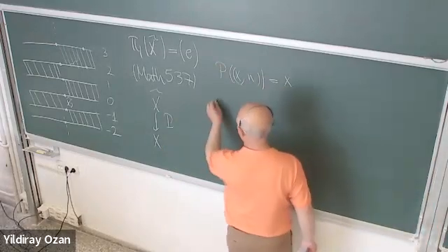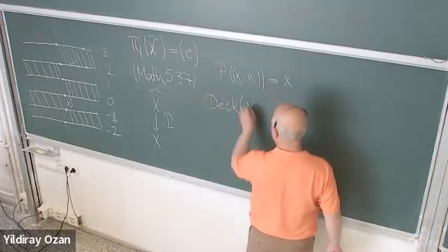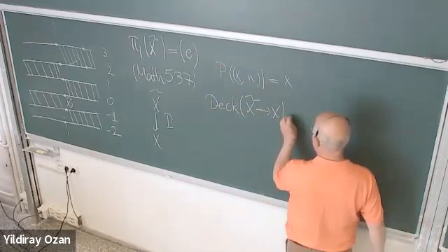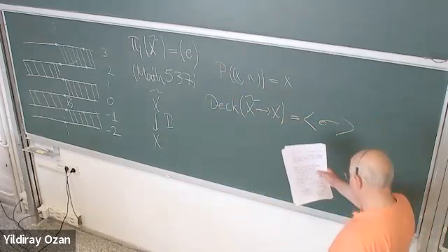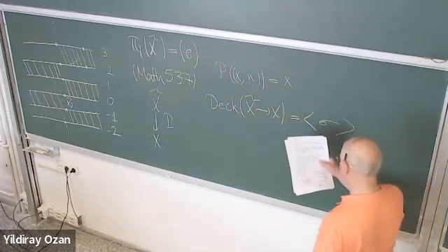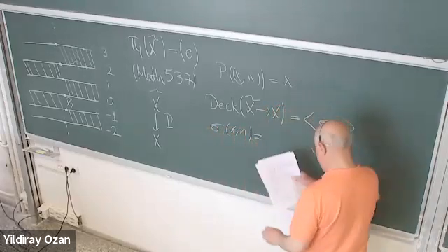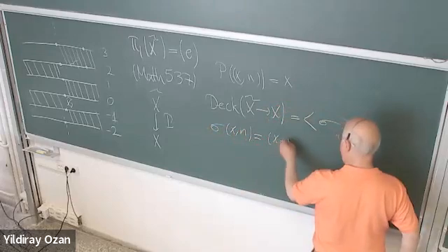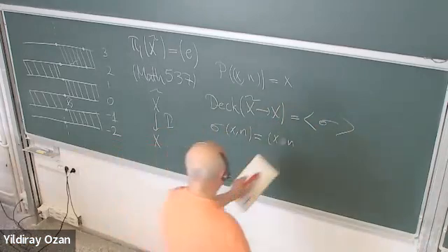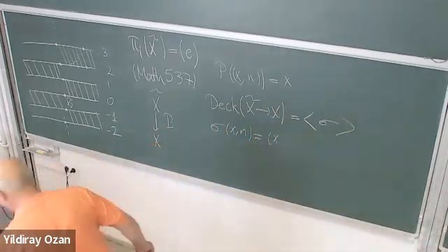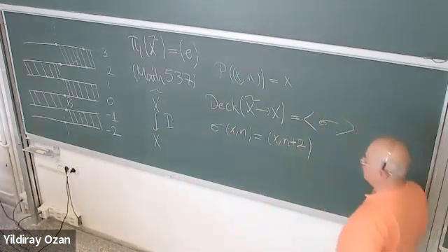And we have the deck transformation group. The deck transformation group is the infinite cyclic group generated by sigma, and sigma maps (X, n) to (X, n plus 2). So that's the deck transformation group.